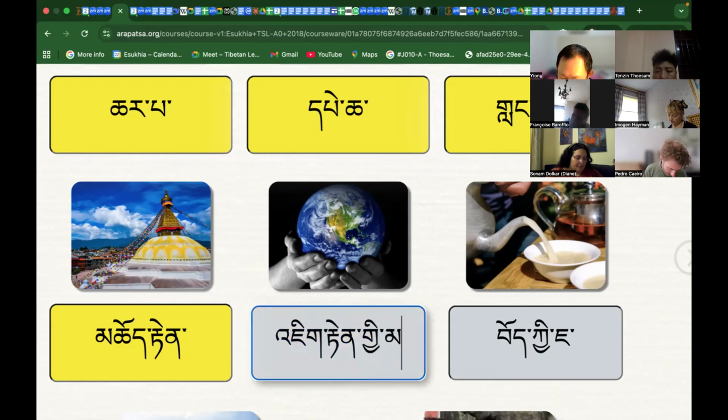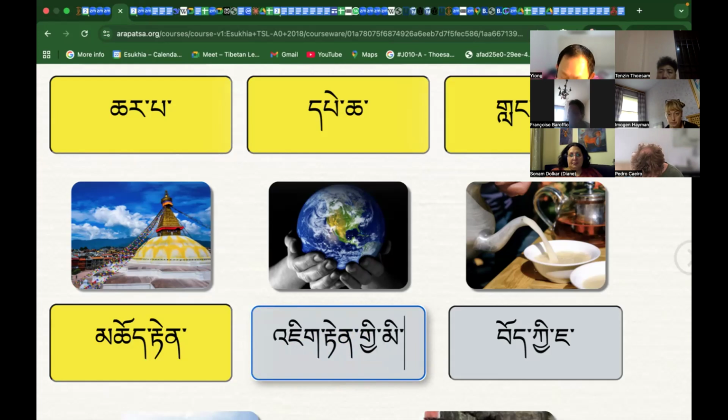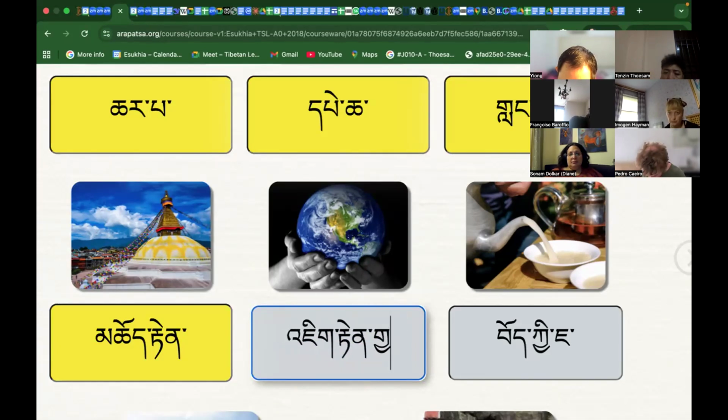Jikten ki me. People of earth. Jikten ki me. Jikten ki choa. Life of earth. Something like this. The jikten.